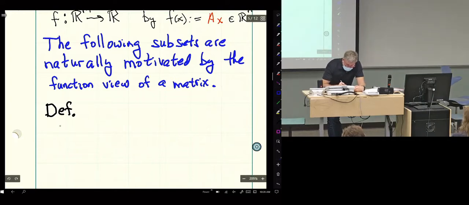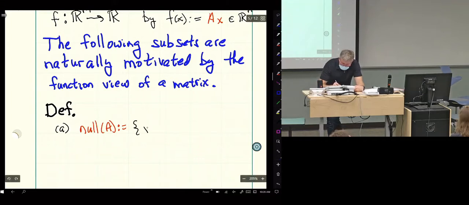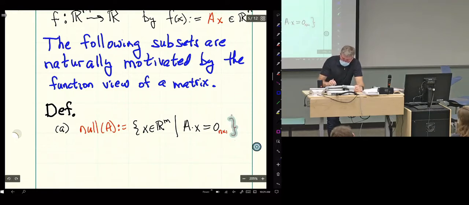Okay, so the definition, part A, null of A is going to be the set of all vectors in Rm such that when I apply A to them, I get the 0 vector in n by 1.